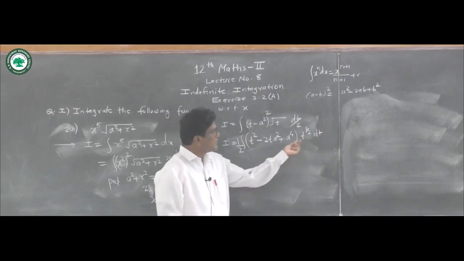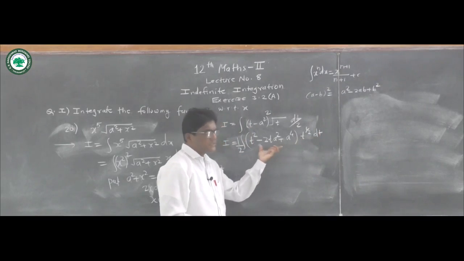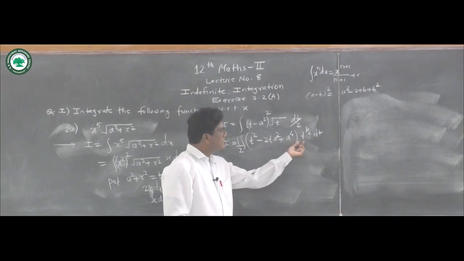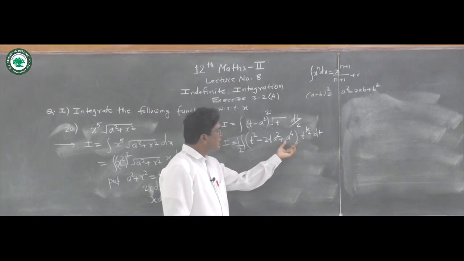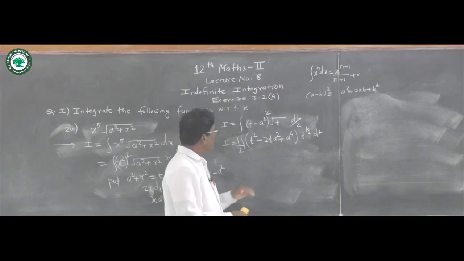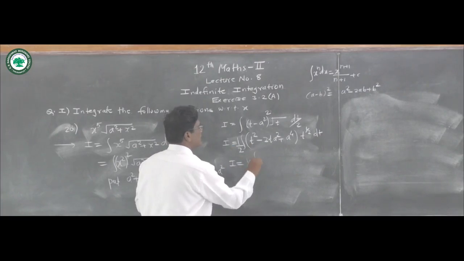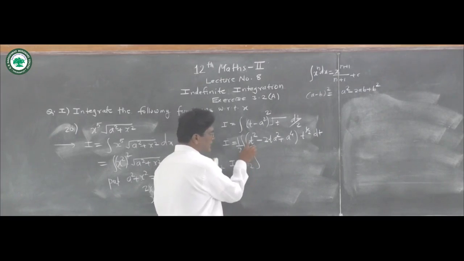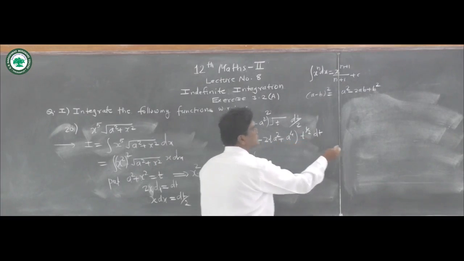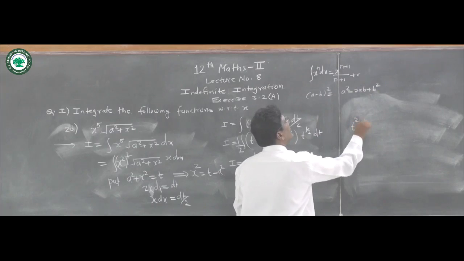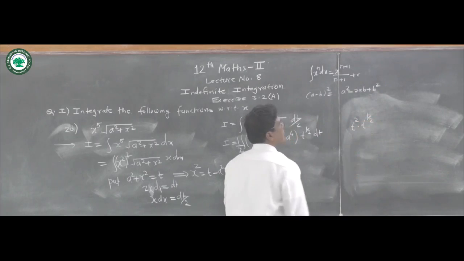Now we multiply t to the power 1/2 inside the bracket. We get I is equal to this 1/2 as it is, integration of, now here t square into t to the power half. See here, t square into t to the power half.